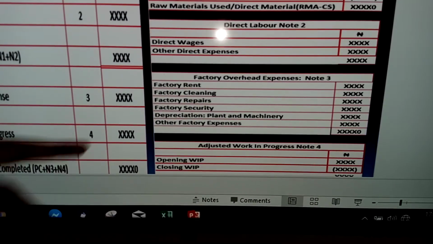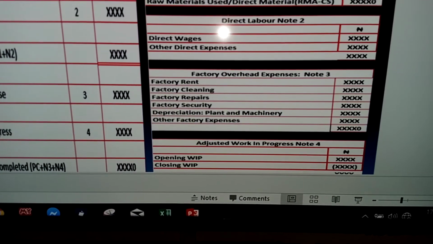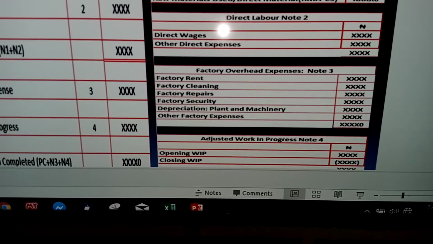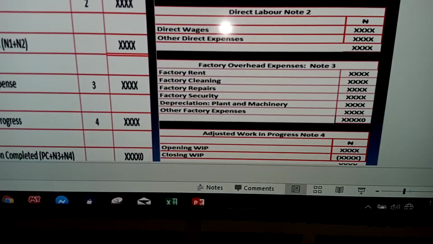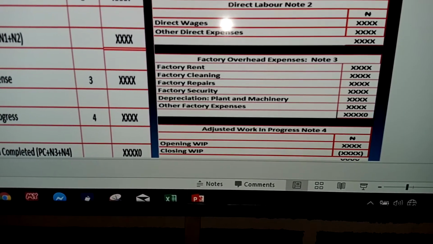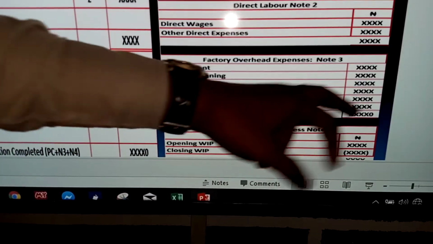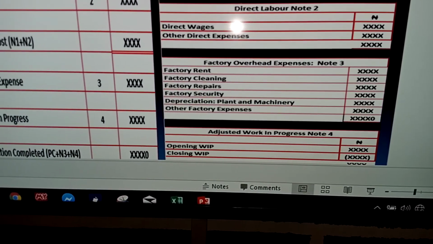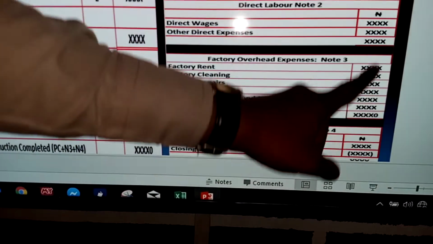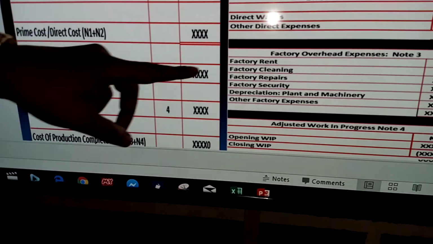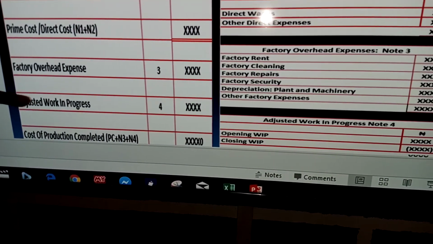So in this case, because it's plant and machinery, because we believe that plant and machinery are used in the factory, we're taking it as part of factory overhead expense, depreciation, and we have other factory expense. Once you establish that this is a factory expense, put it there, and then when you add everything, you have your factory overhead expense. And the next one is your adjusted work in progress.